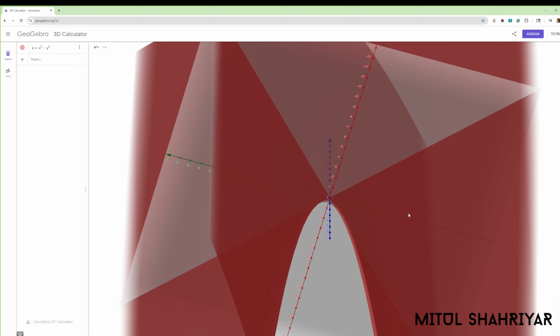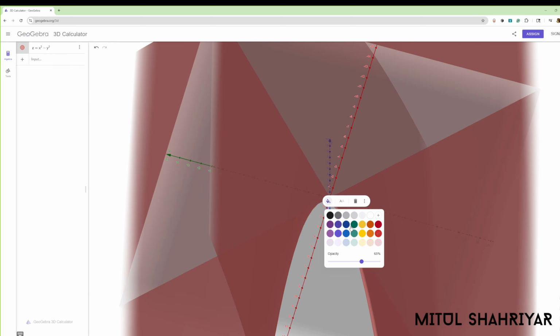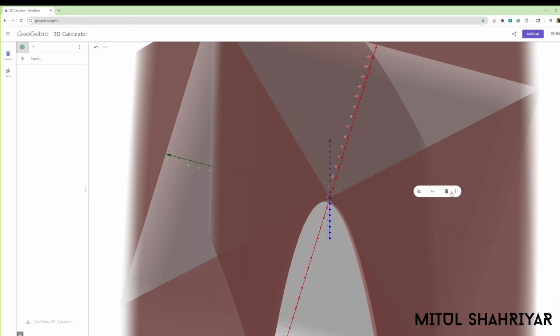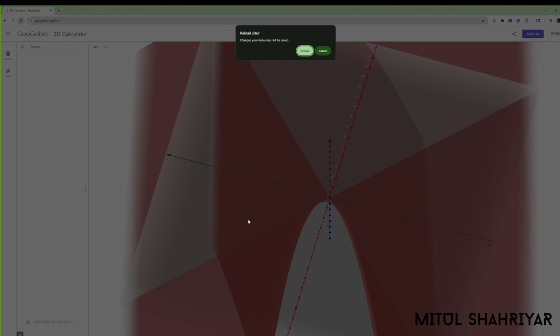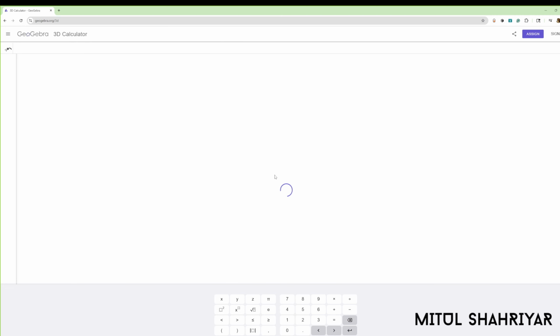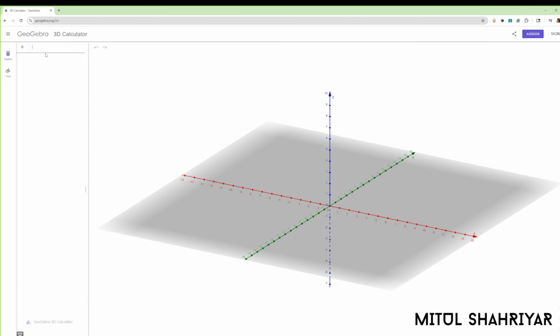Let's change the color to green. Maybe we have some issues with the server, so we just reload this and enter it as input.